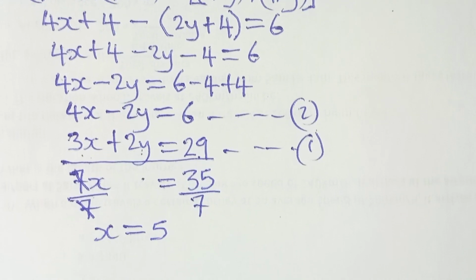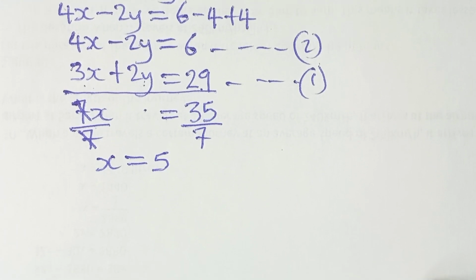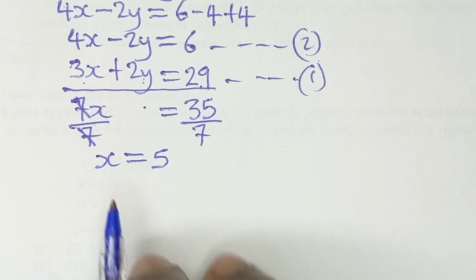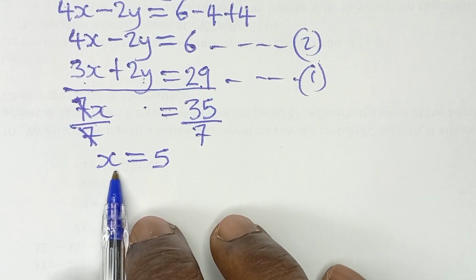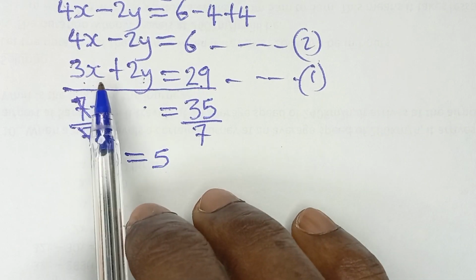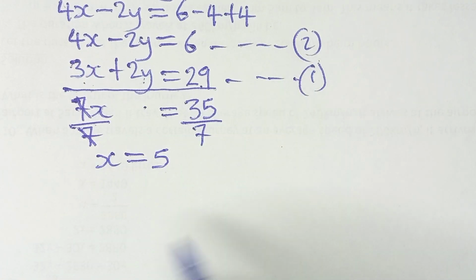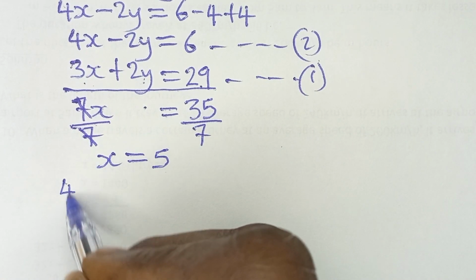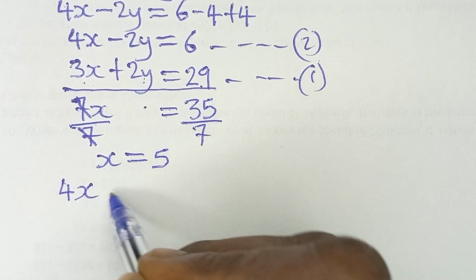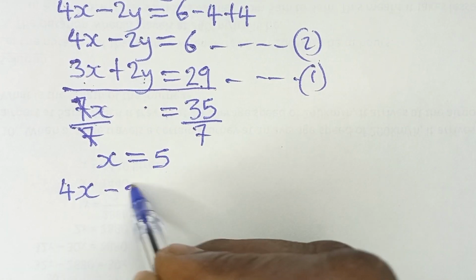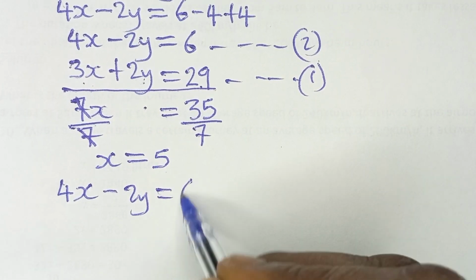So now I can move on, pick any of the equations, and then substitute the value of 5 for x. So let me pick equation 2, and you can use any of the equations, don't forget. So equation 2 says 4x minus 2y is equal to 6.